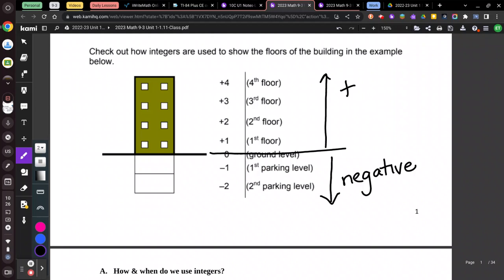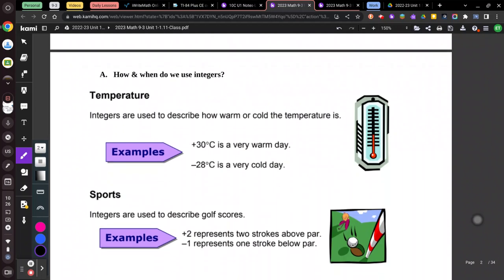Which number do they skip? 13 is considered an unlucky number. I don't know if that's true, but in buildings, they tend to skip the number 13. So you might notice it'll say floor 12, and then it'll go 14, 15, 16. It'll skip 13. So pay attention next time you're in a building.